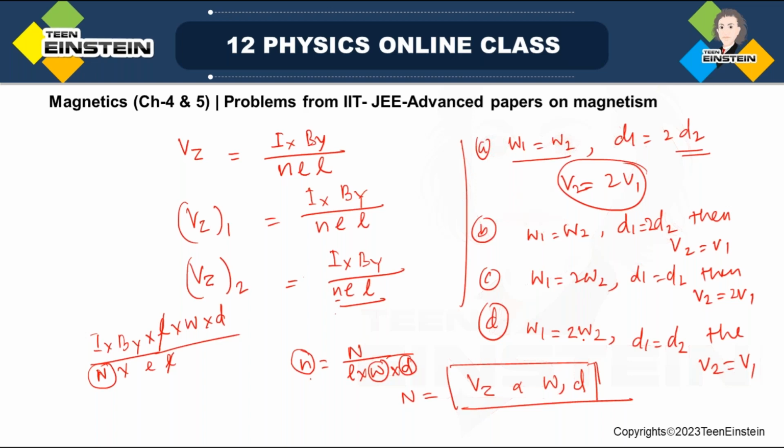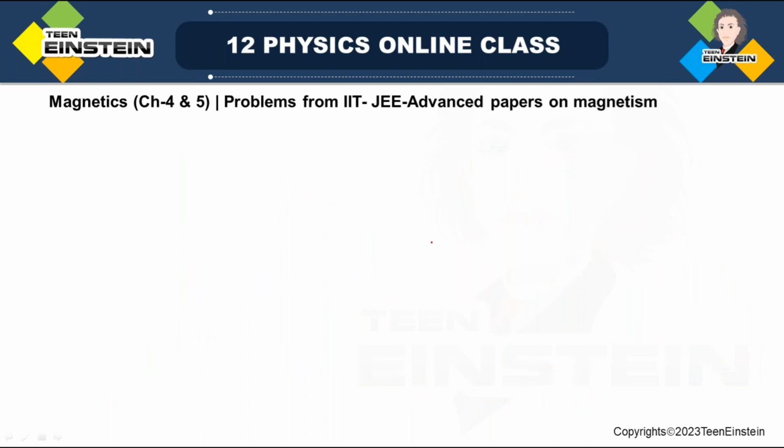We'll check once again. So we have got one option correct. This option is correct. So option A is correct. So if W1 is equal to W2 and D1 is equal to 2D2, then V2 will be equal to, oh no, V2 will be equal to 2V1. If D1 is equal to 2D2, okay, there is some issue. We'll see that once again.